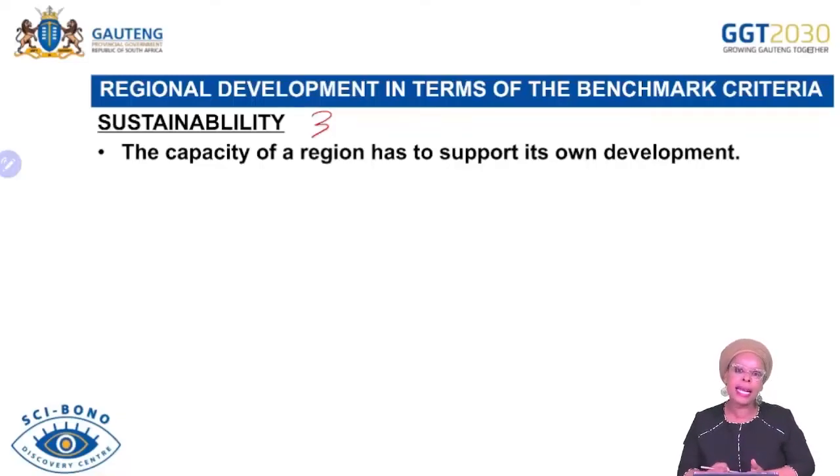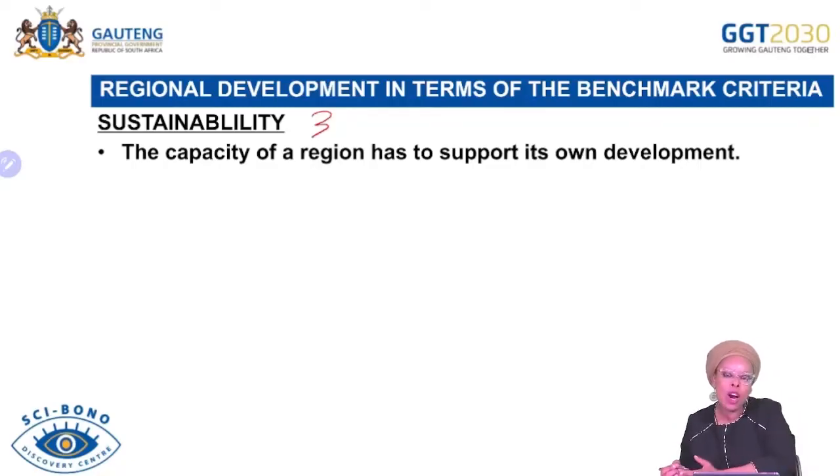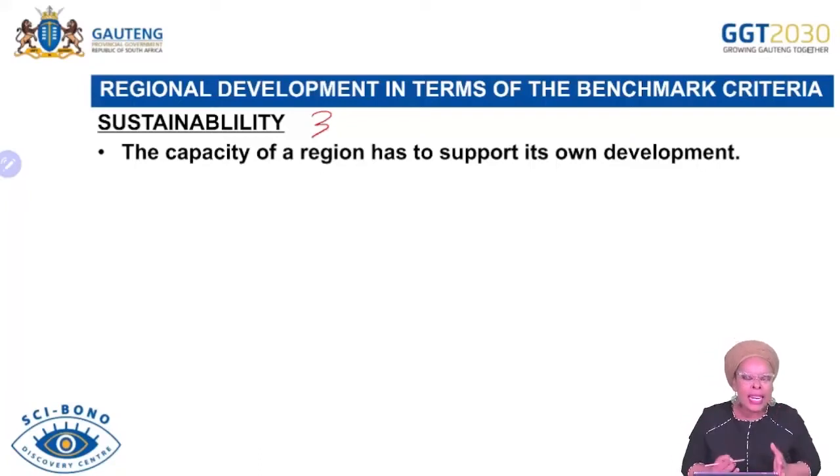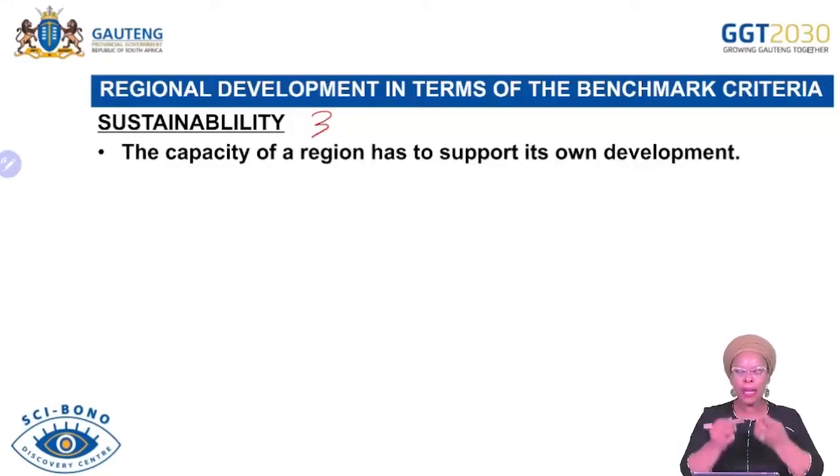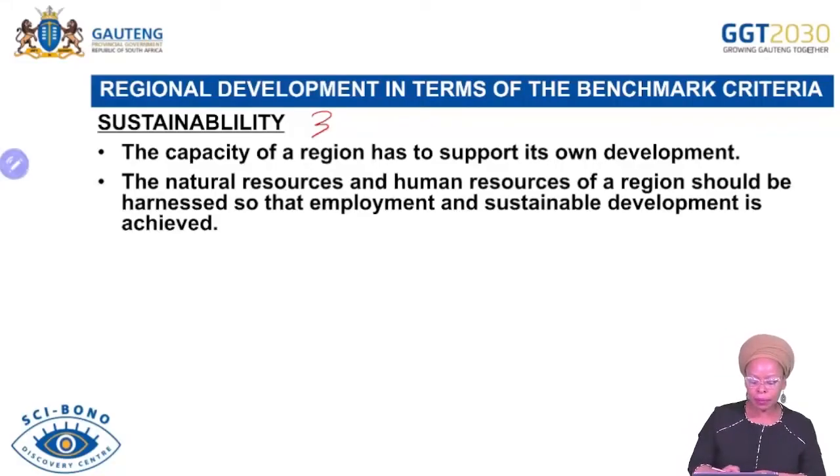I did mention that the government is aiming at unlocking the potential of underdeveloped regions, where you find that a particular region has resources, has a mineral, or maybe it has an advantage of tourism or agriculture. Those potentials should be unlocked and be utilized. So they should not only be unlocked, they should be able to sustain that particular region.